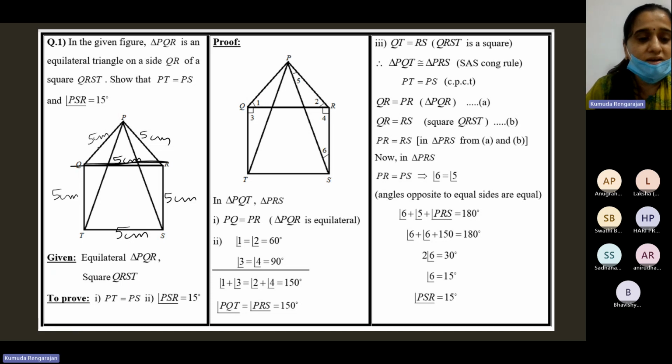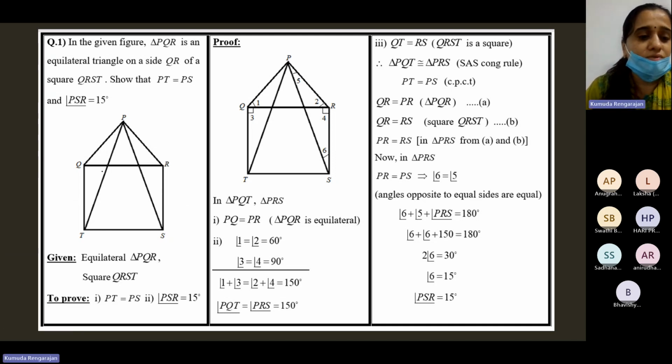That means all the line segments PQ, QR, PR, QT, TS, RS, all the sides of the triangle and the square are equal. Why? Because there is one side which is common to the triangle and the square. So the sides of the triangle and the sides of the square have the same measure, whatever the measure.